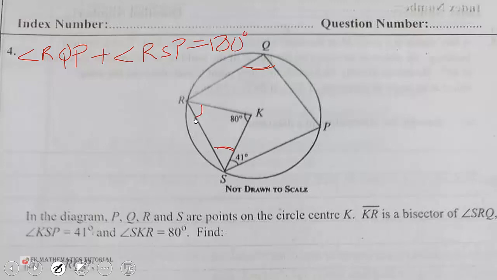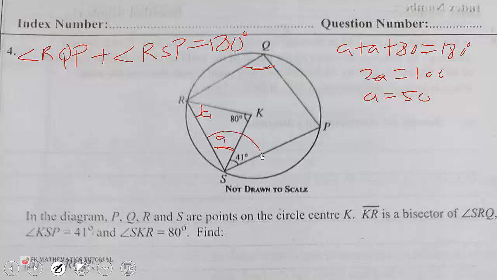If this is A, this also will be A, because K is the center of the circle. So we know that A plus A plus 80 equals 180 degrees. So 2A is equal to 180 minus 80, which is 100. So A will be equal to 50 degrees. So this angle is 50.